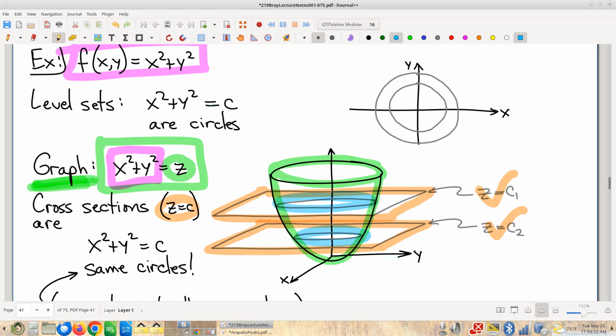And notice those circles are exactly the level sets of that same function. So this is what we're talking about when we say that level sets are horizontal cross sections of the graph. Everybody okay?